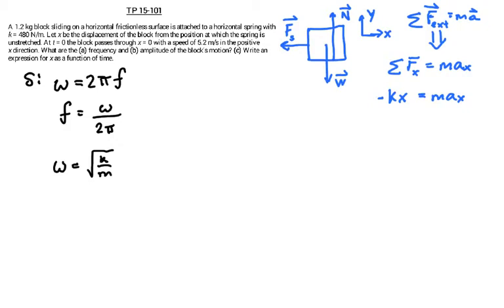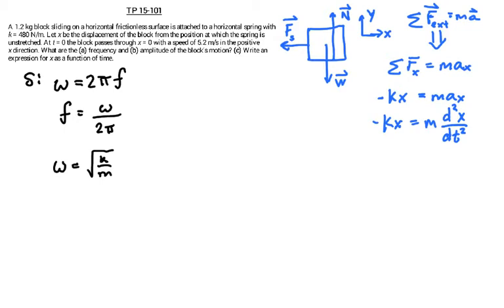Okay, so you have your left-hand side, which is dependent on the position, and you have the right side, which is the acceleration. And there's a connection between the acceleration and the position. What is it? It is the second time derivative of our position.